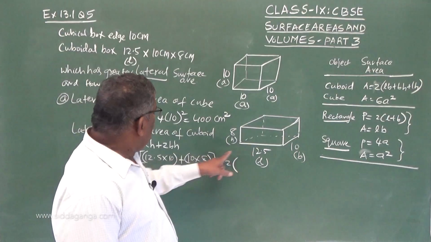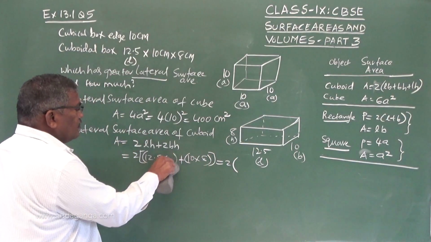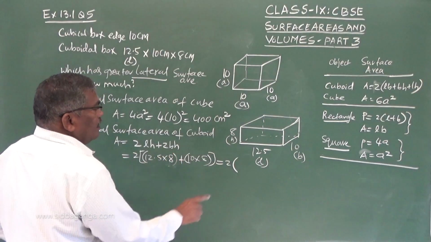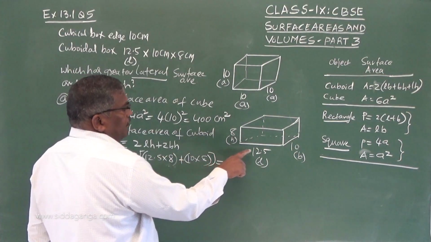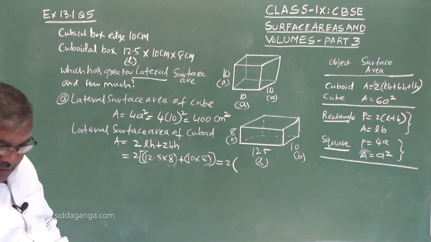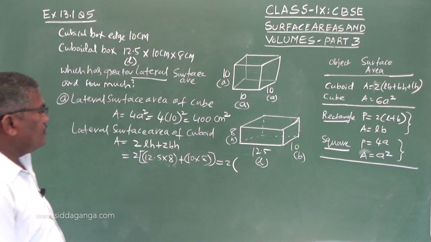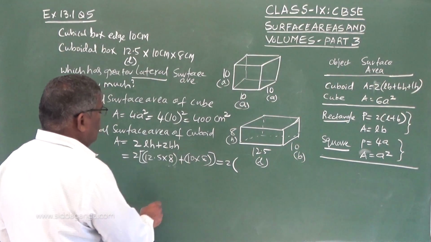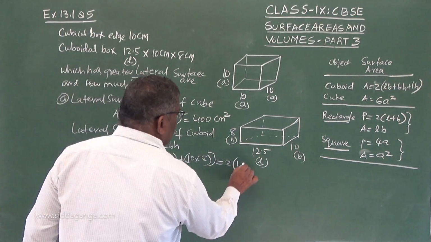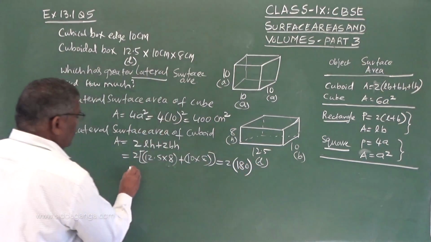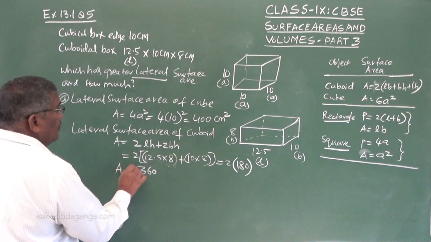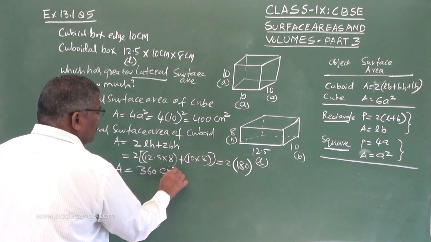Front wall is 12.5 into H, and 10 into 8. So you will get 180, so 2 times 180 is 360 centimeter square.